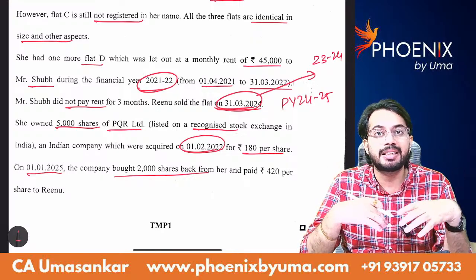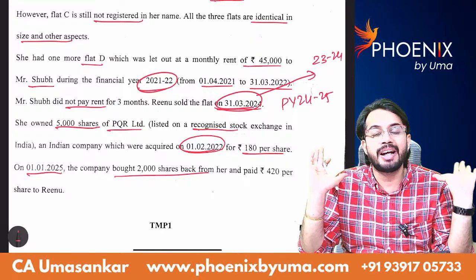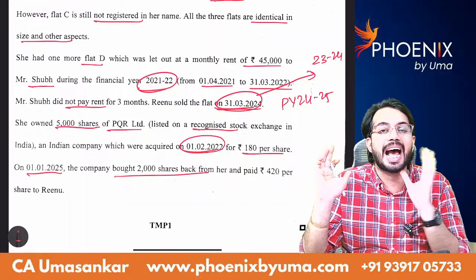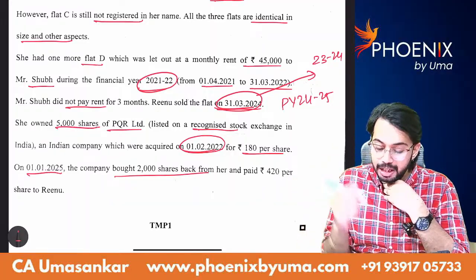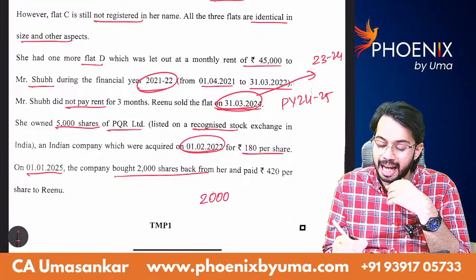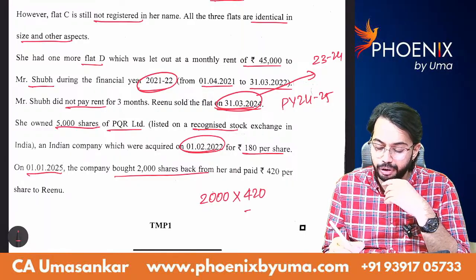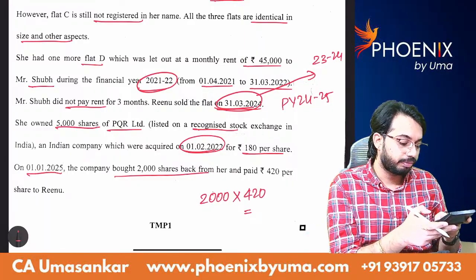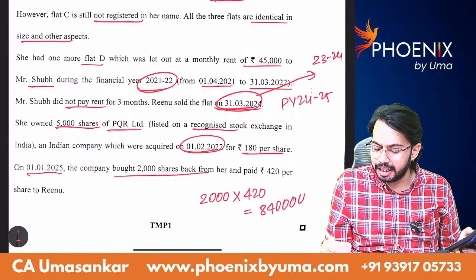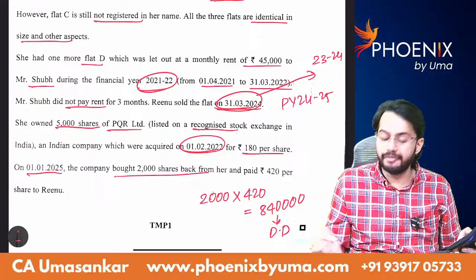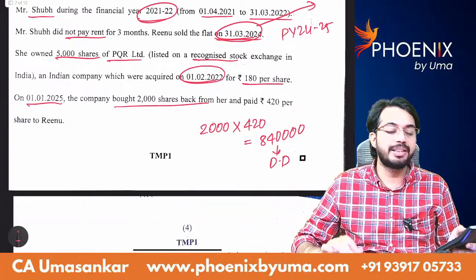Whenever a buyback is done, the buyback amount will be treated as deemed dividend and it is taxable under section 2(22)(f). So how much is taxable as deemed dividend? 2,000 into 420. How much? 8,40,000 is taxable as deemed dividend under income from other sources. So this is the explanation.